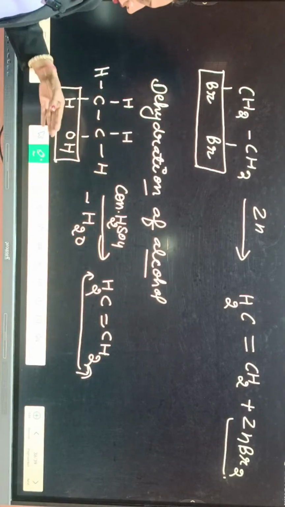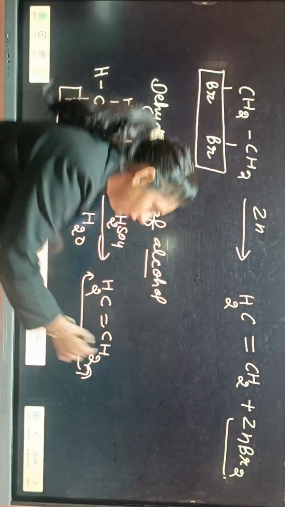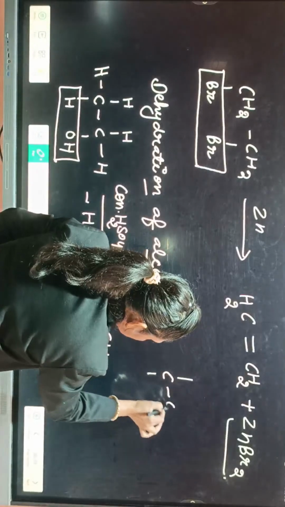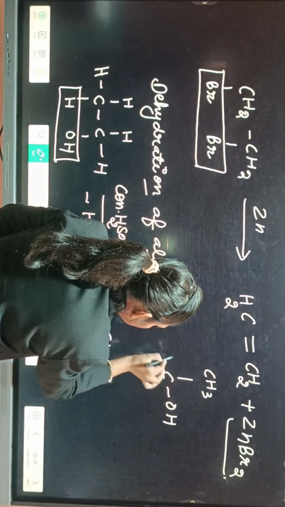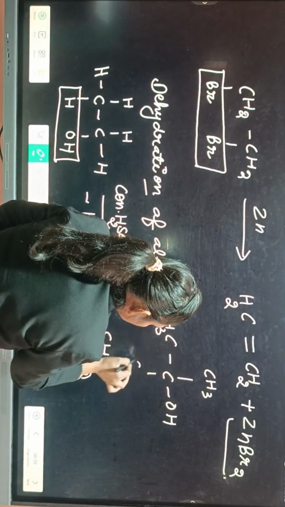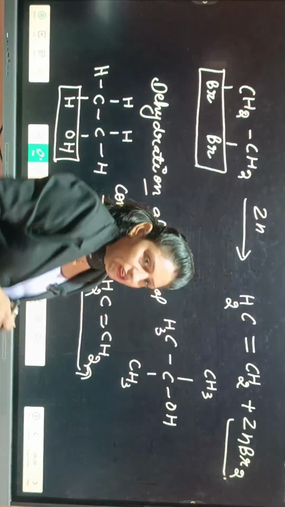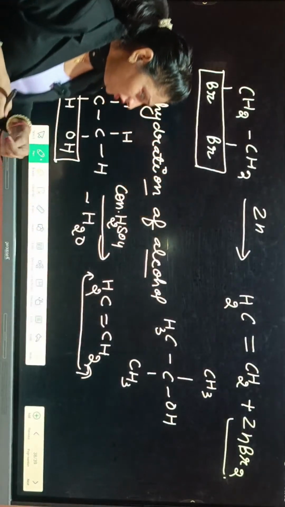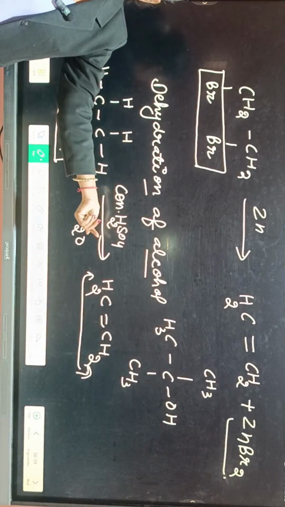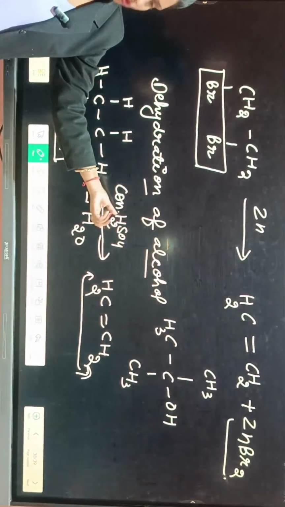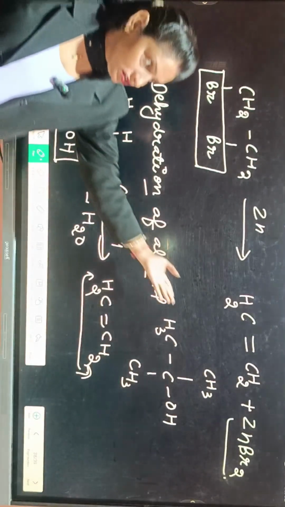But if we are having tertiary alcohol, where the carbon having OH is tertiary, then only around 30% H2SO4, or even simple water, can remove water.